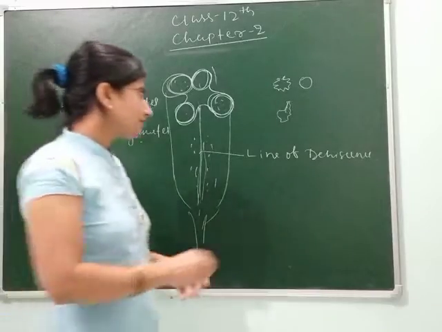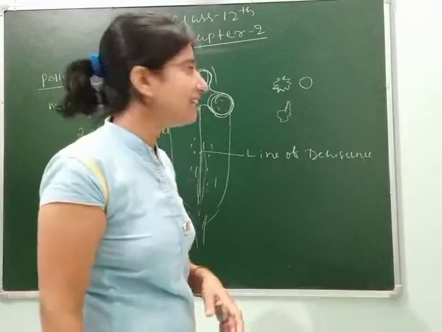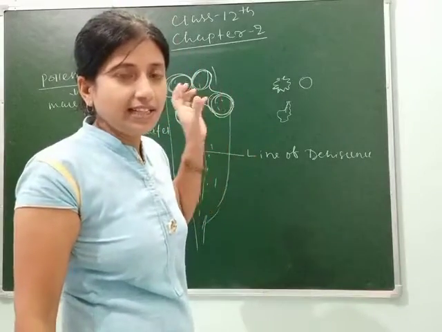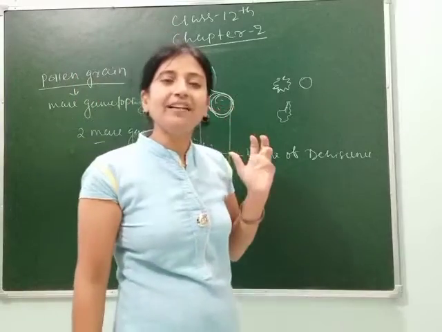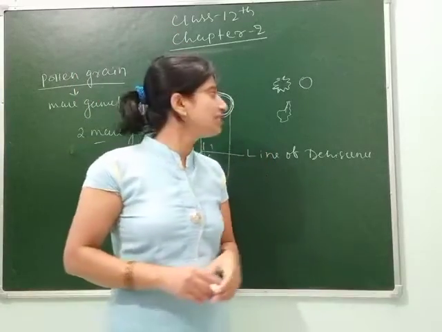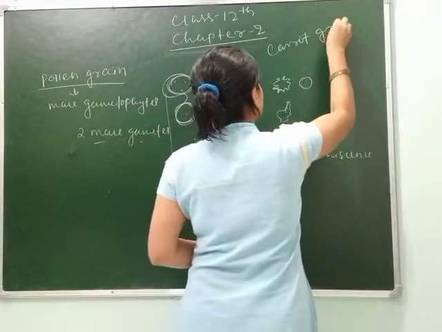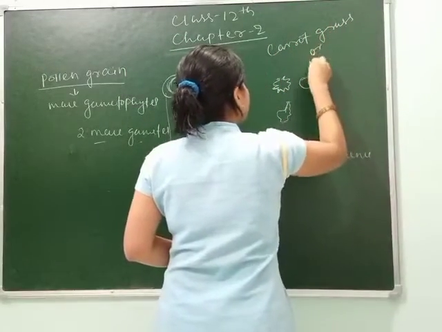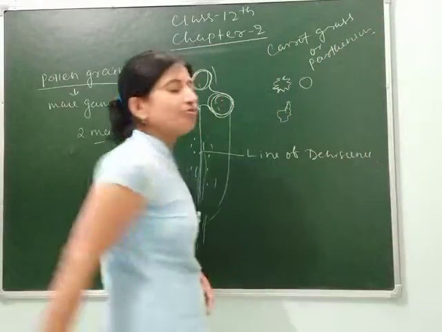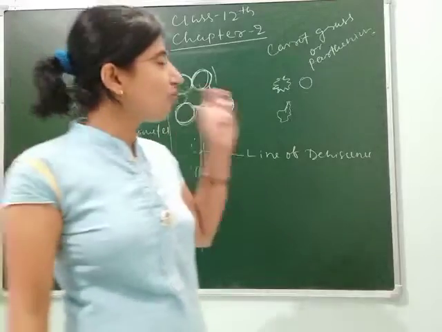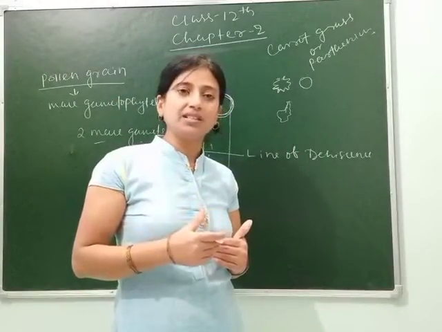Due to their shape, they also cause irritation and allergies to human beings. You are very familiar with carrot grass, which is called Parthenium, that was imported through wheat from Australia, and it caused great pollen allergy in human beings.